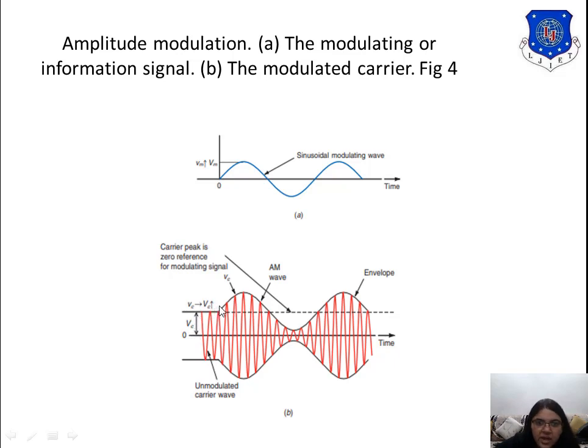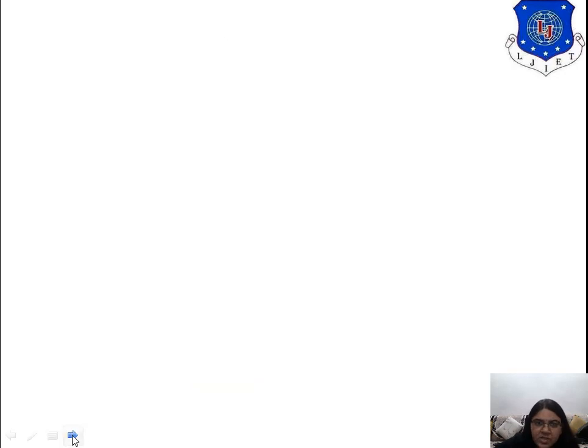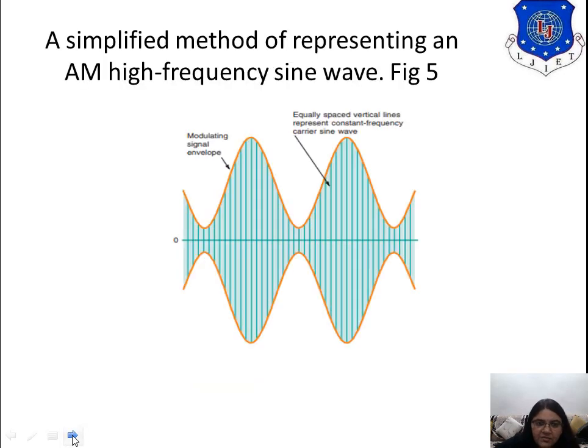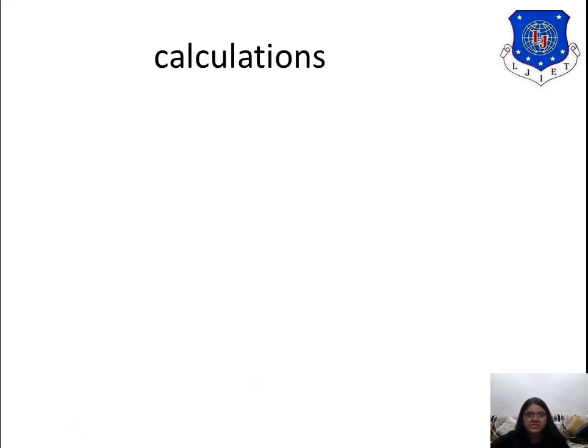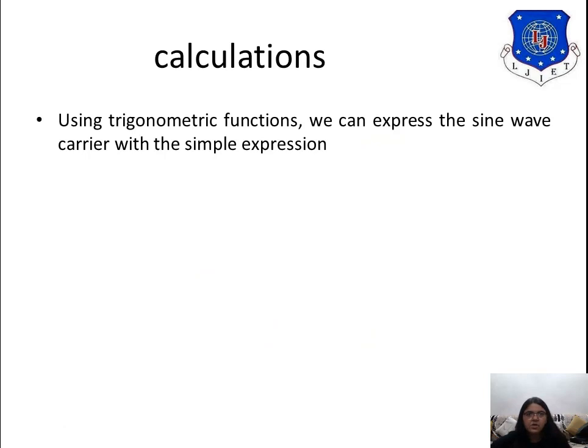So for the calculations again, we are taking the values one by one, the instantaneous value, meaning the value at a particular instant, that is sine 2 pi fct. Vc is the peak amplitude of the carrier signal. Similarly, I have another value, small vm, the instantaneous value of the modulating signal, equal to capital Vm, the peak amplitude of the modulating signal having the frequency Fm.